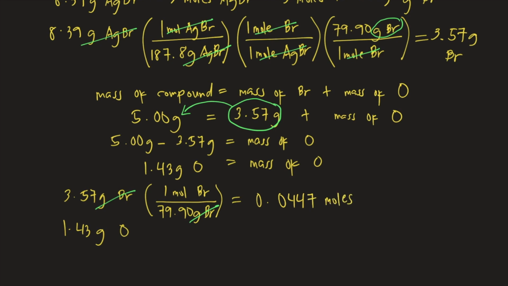We do the same thing to oxygen. The molar mass of oxygen is 16 grams of oxygen in 1 mole of oxygen. So the grams of oxygen will cancel. We are left with moles of oxygen. So the moles of oxygen is equal to 0.0894 moles.